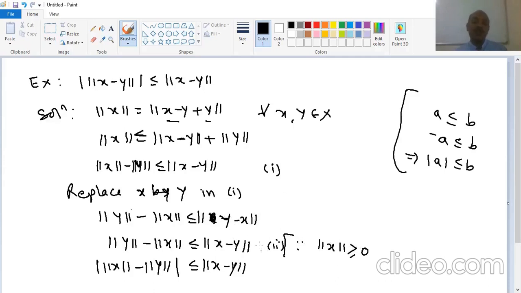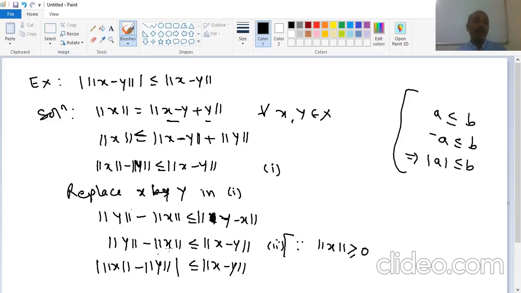And from 1 and 2, we say that if a is less than or equal to b and minus a is less than or equal to b, then we can write mod of a is less than or equal to b. Here a means this complete term.